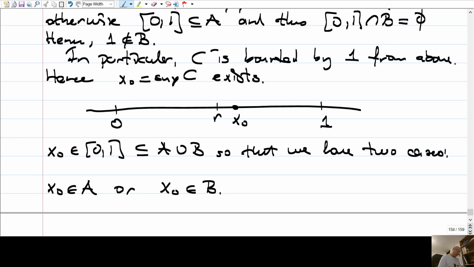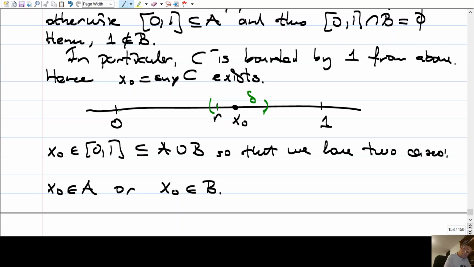Let's see what happens if x0 is in A. Well, since A is open, there is another interval, a delta interval, so that this interval lies also in A. But the interval from 0 to this R was already in A, and this part is already in A, so I can go a little bit further.